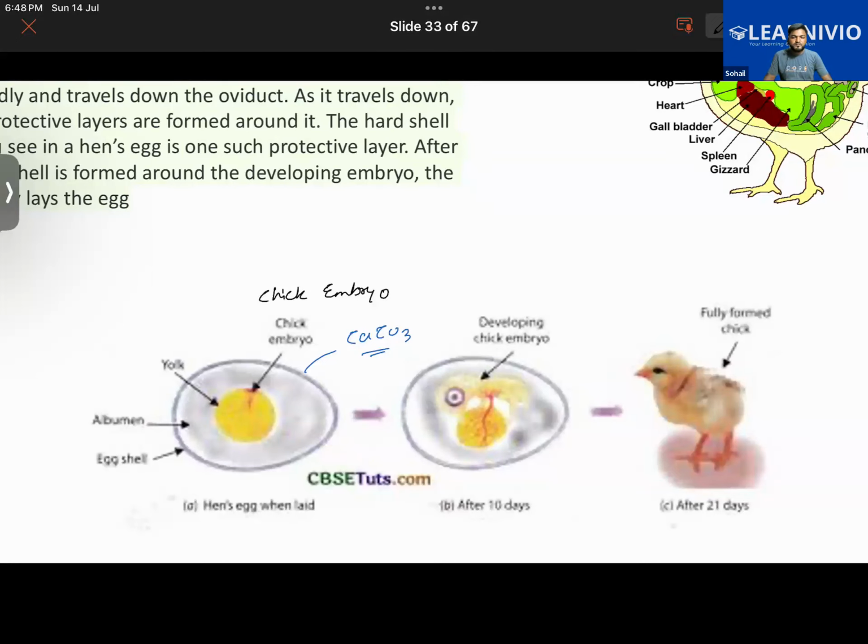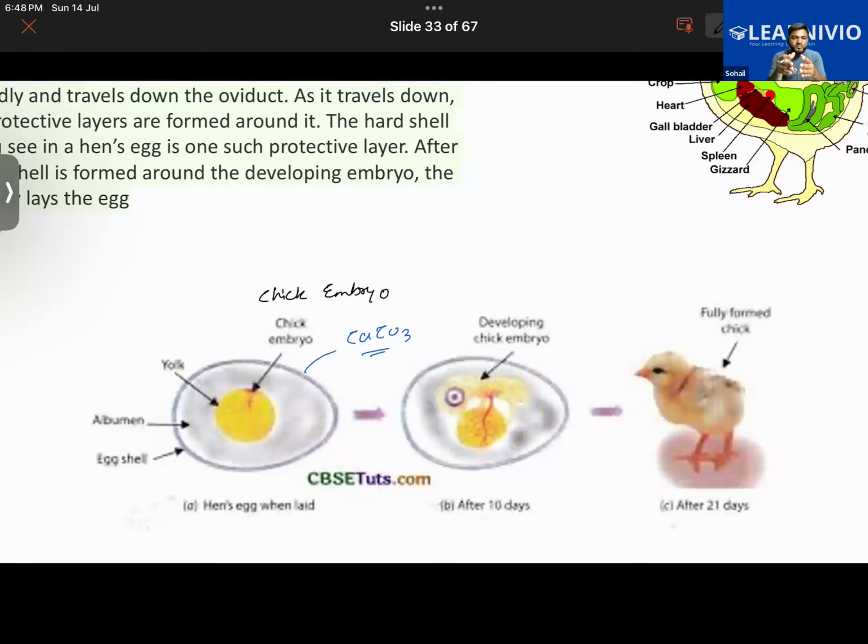Okay, see, in the case of humans, as we have learned, the zygote would embed into the wall of the uterus, right? In the case of the hen, once the ovum has matured, been released, and fertilized, there are certain glands in their reproductive organ that will develop the hard covering above the egg, right?